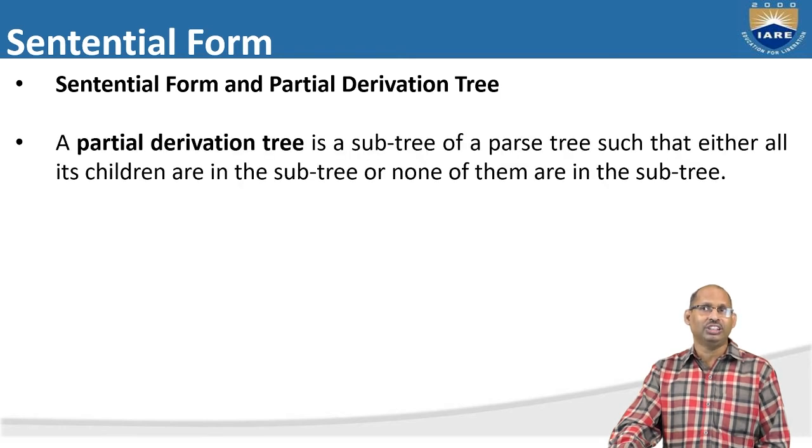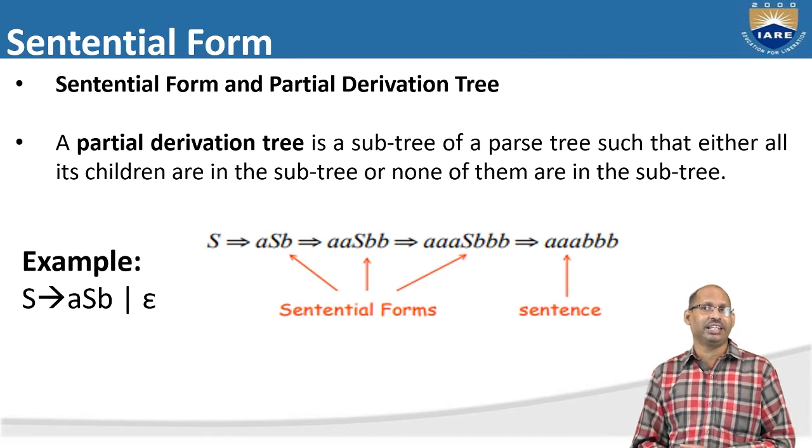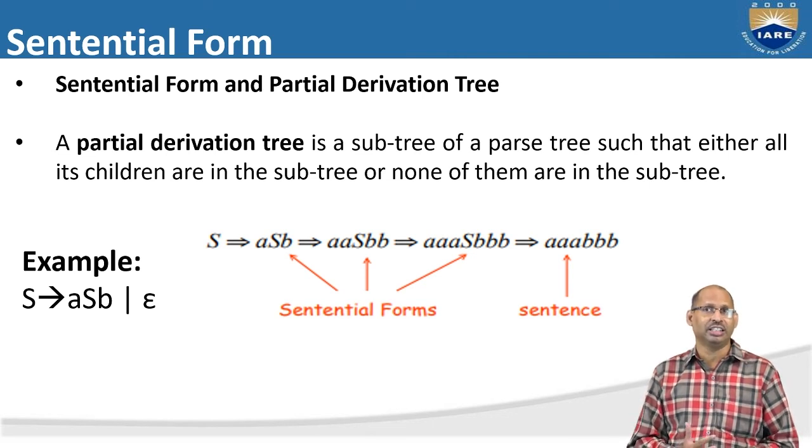Sentential form or partial derivation tree. A partial derivation tree is a subtree of a parse tree such that either all its children are in the subtree or none of them are in the subtree, right? Okay.